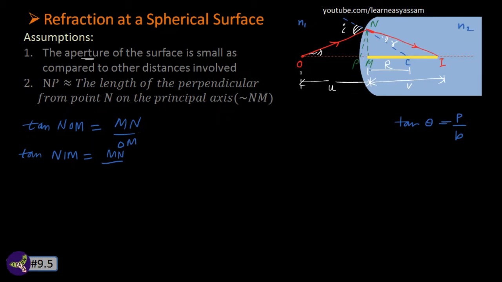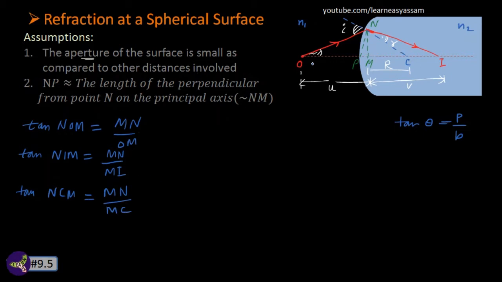This is the image distance, that is MI. So you can write here MI. And another tan will be tan NCM. If you write NCM, then the perpendicular will remain the same, MN, divided by the base. Base is nothing but CM, that is MC. You can write here MC.